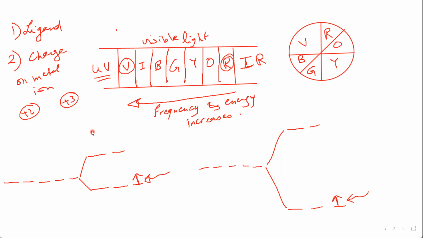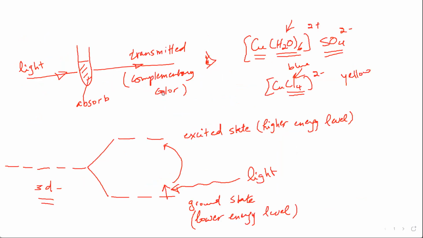Okay, so whenever they ask you about the color, all you have to say is that when the ligand approaches the metal ion, it causes splitting for the d orbitals.